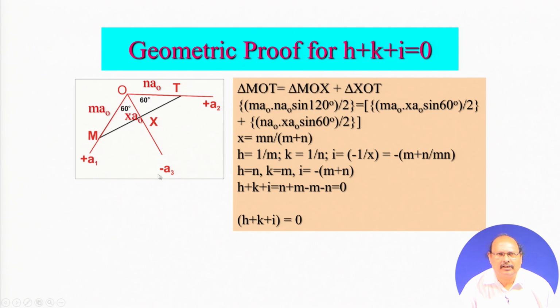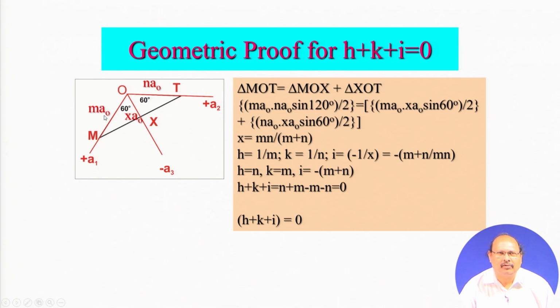So, this is the negative direction of A3, this is the positive direction of A1 and this is the positive direction of A2. Let us consider that this face has intersected the positive direction of A1 at point M, the positive direction of A2 at point T and the negative direction of A3 axis at point X. And if A0 is the unit cell length for all these 3 axes here, then OM is equal to M times A0.